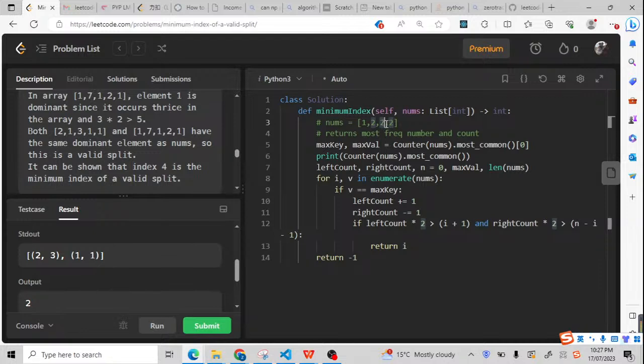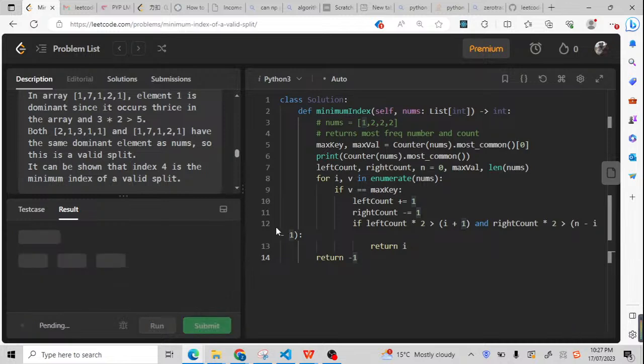It means from the right side it's 1. So 1 times 2 is 2, which is more than 1, the length of the right part of the array. If we meet the condition, we just return this index. Here the index is 2. If we can't find one after all the iterations, we just return minus 1.